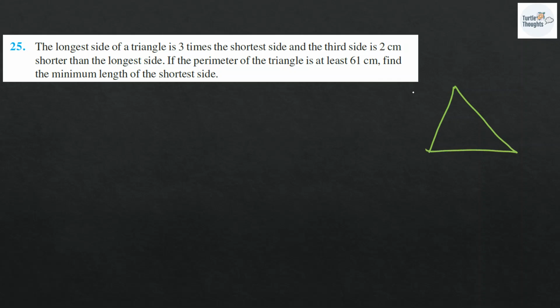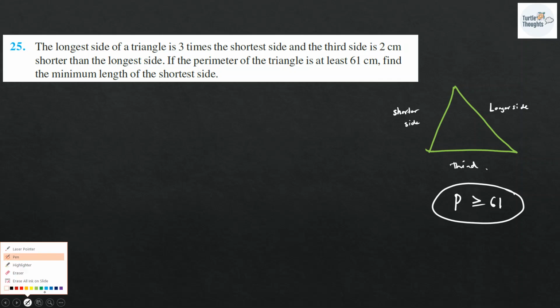And let me consider this to be the shorter side, this to be the longer side, and this is going to be the third side, which is right in the middle. Now what is the inequality? It is given that the perimeter should be at least 61.